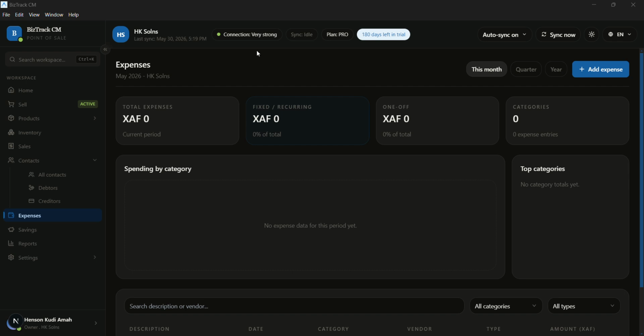We all know if there is no money, then there is no business. So we need to be able to track every cent.